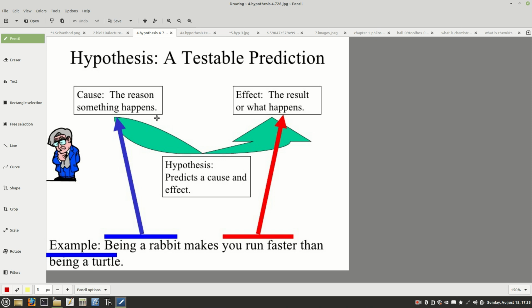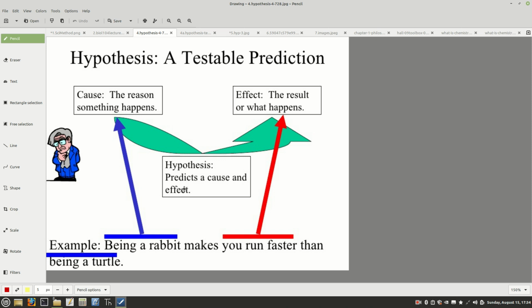And so if your prediction was, well, the rabbit will always win the race, that would be incorrect, right? You would have not been able to prove your hypothesis, but your hypothesis was that the rabbit runs faster. And I think it's very obvious that the rabbit does run faster. It's just that you somehow have to keep the rabbit on the track and not stopping along the way for a carrot or something.